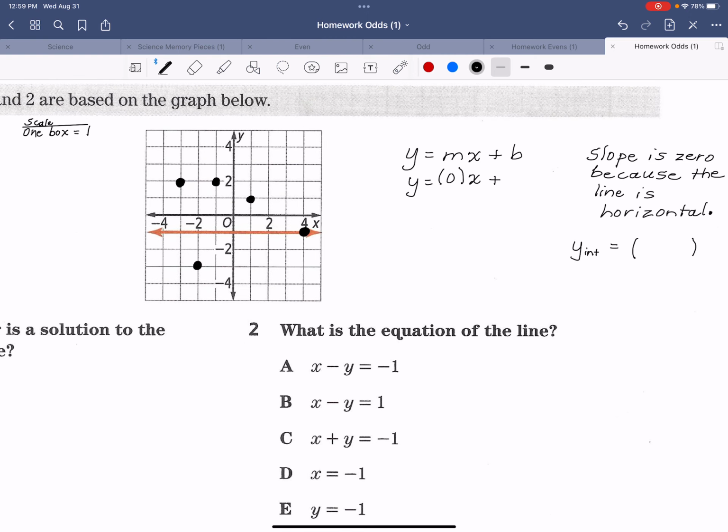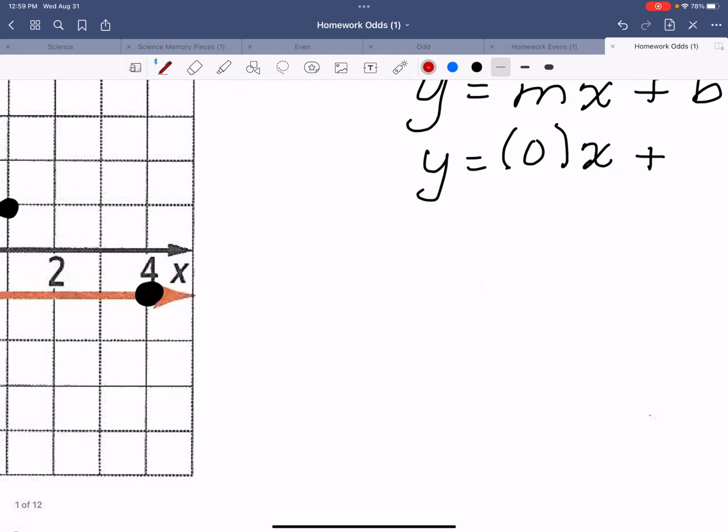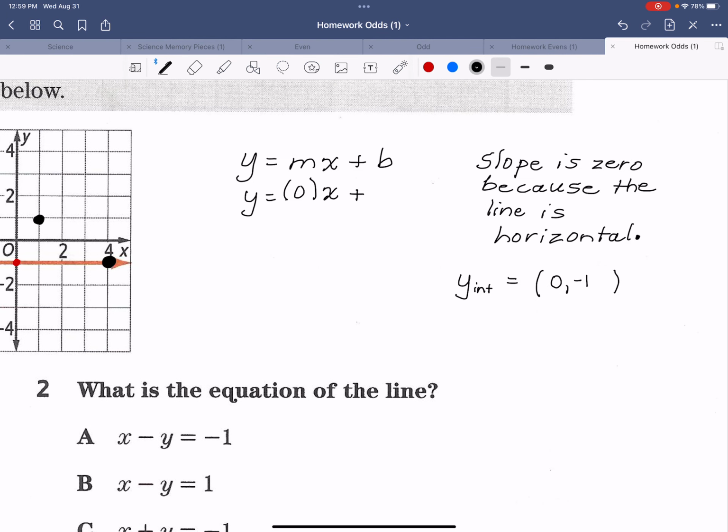So let's look at our graph and see where the line touches the y-axis. And it is right here at 0, -1. So I'll bring that point over here, 0, -1. And then baby b is going to be -1. Remember that baby b is part of the y-intercept. It's that second part.